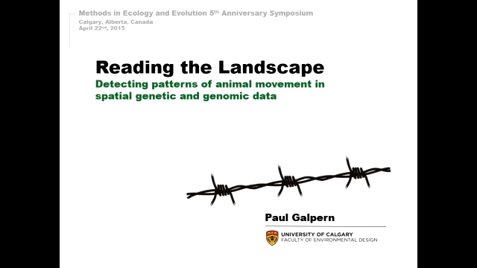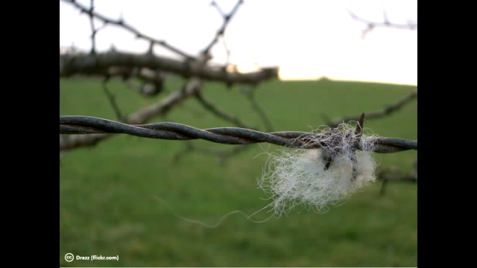And I think barbed wire is a really nice metaphor for this thing that I'm calling reading the landscape. So what I see here is evidence of a dispersal thwarted. Here is a little bit of wool caught on a stray barb. And the concept of what I'm going to try and extend to you today is very similar to this.